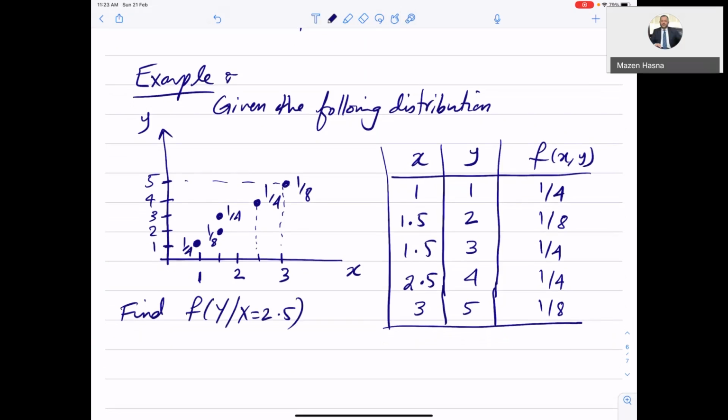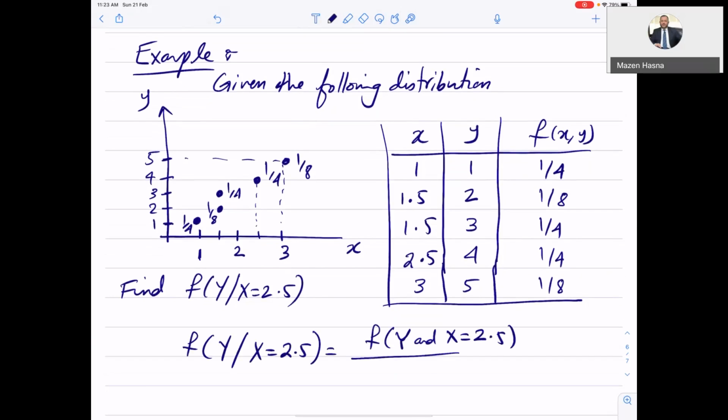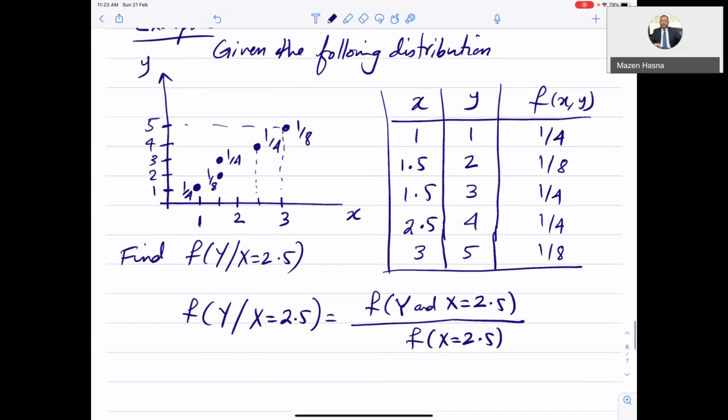What's the distribution of y? So f of y, given that x equals 2.5, equals f of y and x equals 2.5 over f of x equals 2.5.